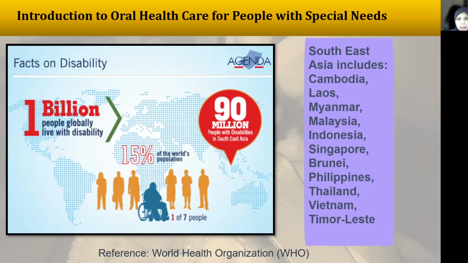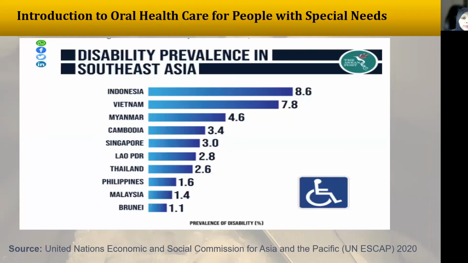form of disability, right? If you don't know the countries in the Southeast Asia region, I've listed them on the right side of this slide: Cambodia, Laos, Myanmar, Malaysia, Indonesia, Singapore, Brunei, Philippines, Thailand, Vietnam, and Timor-Leste.